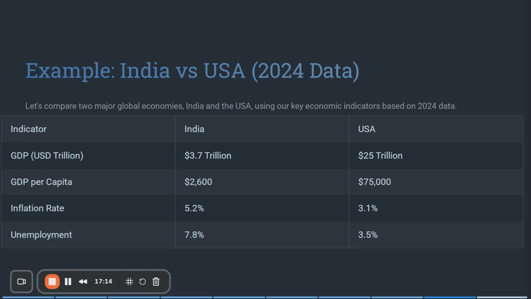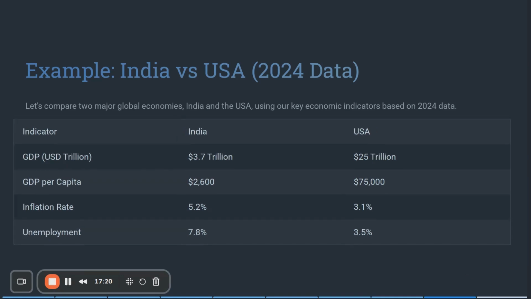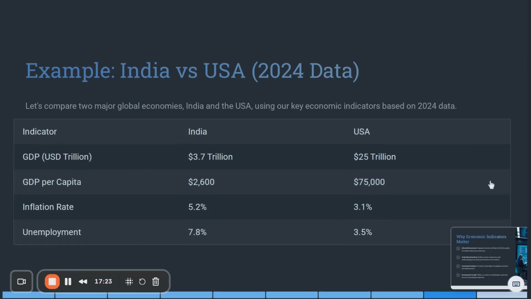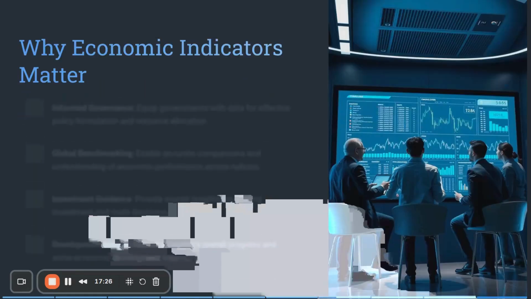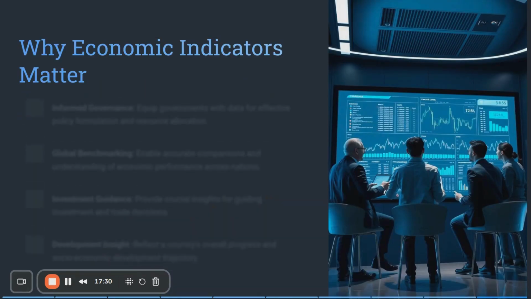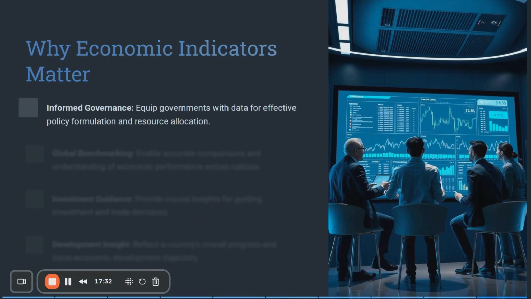Global benchmarks enable accurate comparison and understanding of economic performance across nations. Investing guidance provides crucial insights for guiding investment and trade decisions.